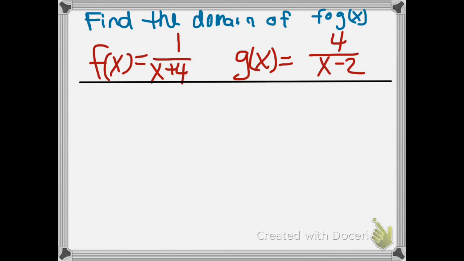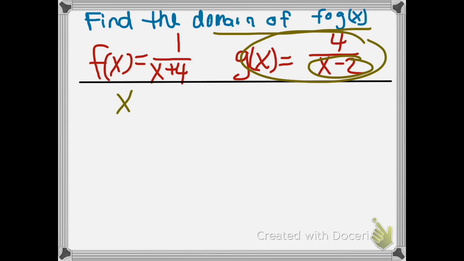And then the domain question of this is saying this. Okay, what's the domain of f of g of x? Well, automatically the domain of g of x is, it can't be 2. The denominator can't be 0. So we already know that it's x such that x can't be 2.